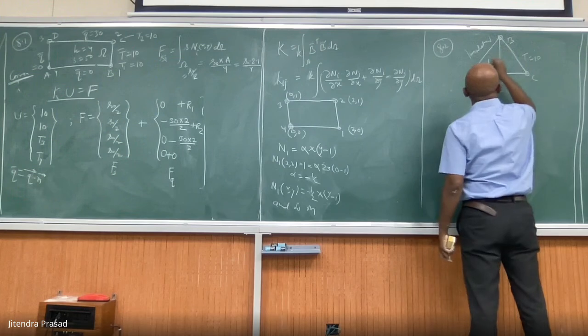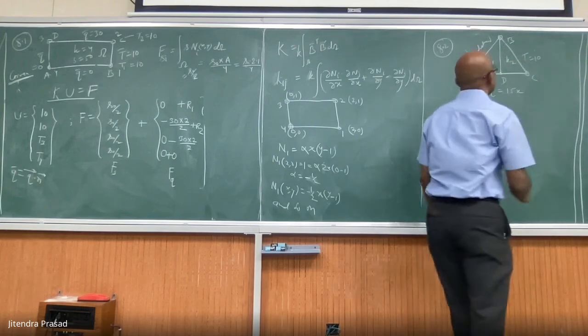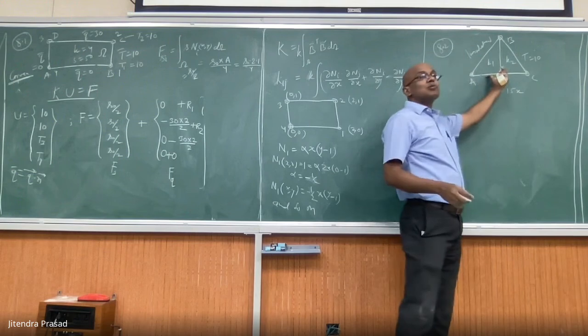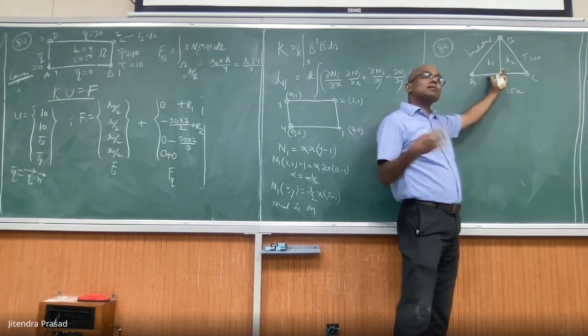It's written here: this is K1, some value, and this is K2. You have to solve it. There are basically two elements. That's the only thing. You have to assemble it.